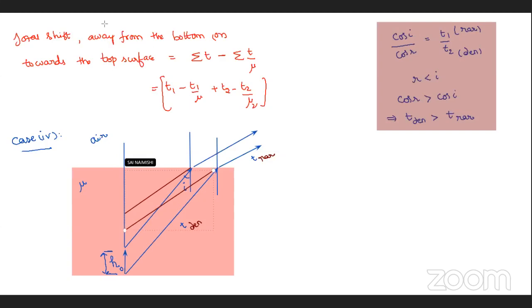Here the thickness will be less or more? Less, sir. Correct. And number two, we need the object's hypotenuse.